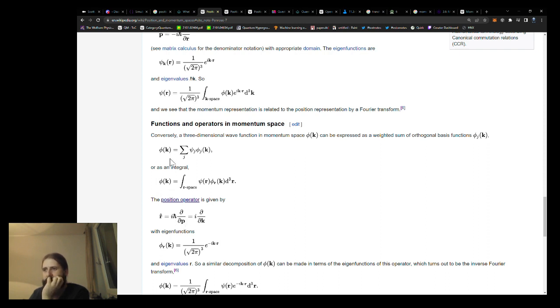So you would say, I take the position operator in momentum space and I'm going to express my wave function. I have the psi of r, I multiply by... I'm curious if that would just work like this. And I understand the construct, right?